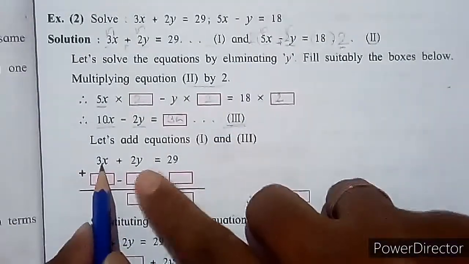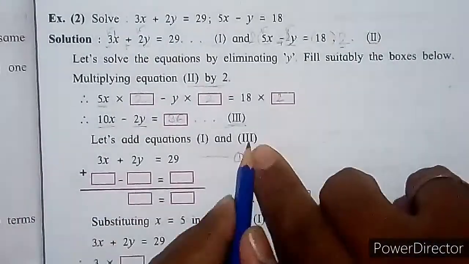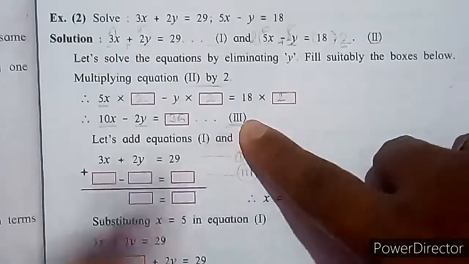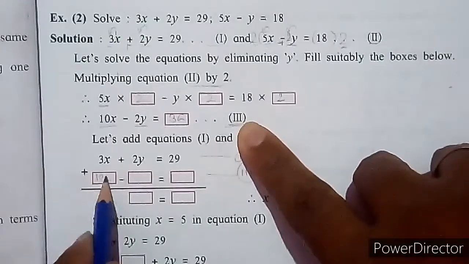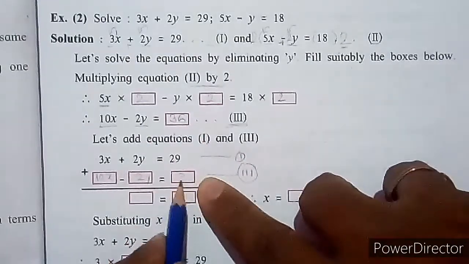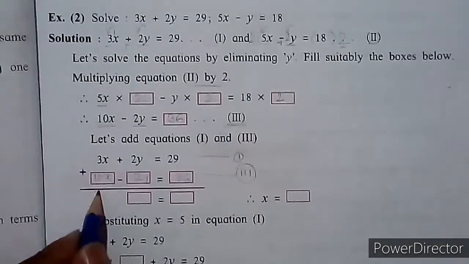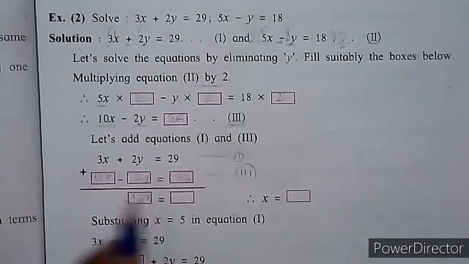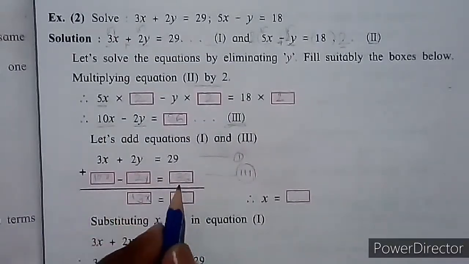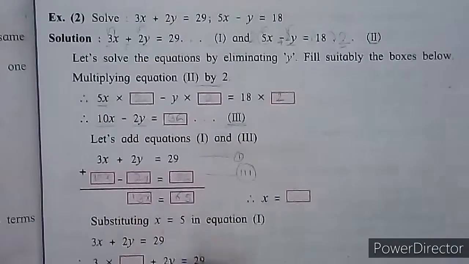Now adding, this is 3x plus 2y equals to 29, which is equation 1, and the third equation, which is 10x minus 2y equals to 36. Now 10x plus 3x will be 13x, and plus 2y minus 2y will get cancelled. Now 29 and 36 make 65.